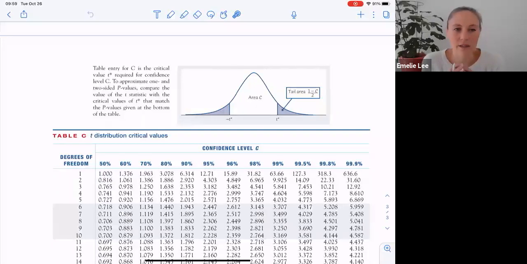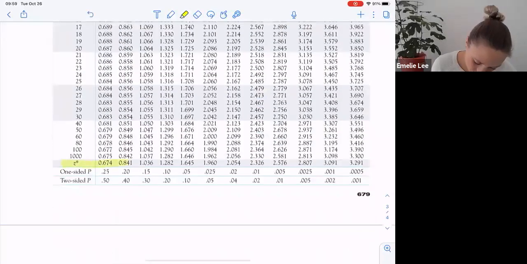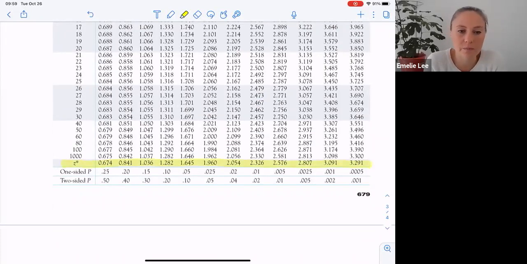Here, all I want you to focus on for right now is these confidence levels, and down at the bottom, a row of Z stars. We'll talk about the T table later.